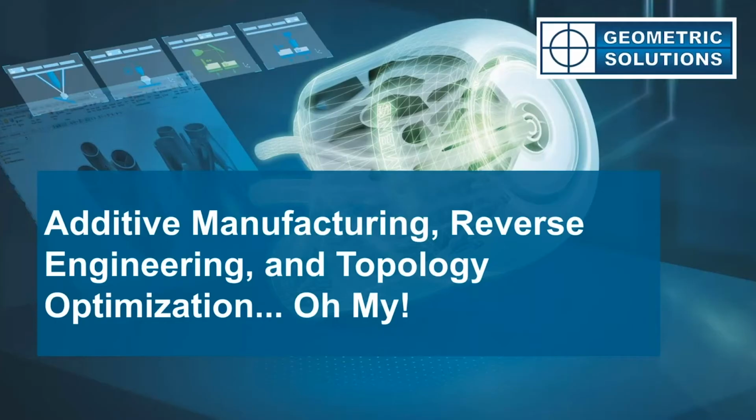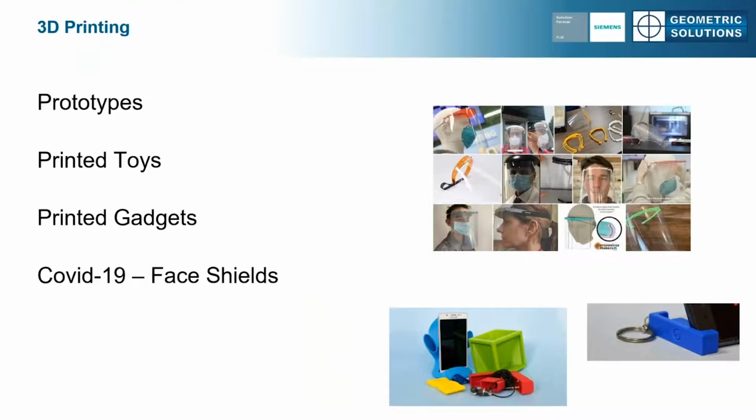So let's get started talking about additive manufacturing, reverse engineering, and topology optimization. "Oh my" is what you might be thinking. We can think about these as 3D printing. Now with COVID-19, 3D printing really came to the fore because there was not enough personal protective equipment.